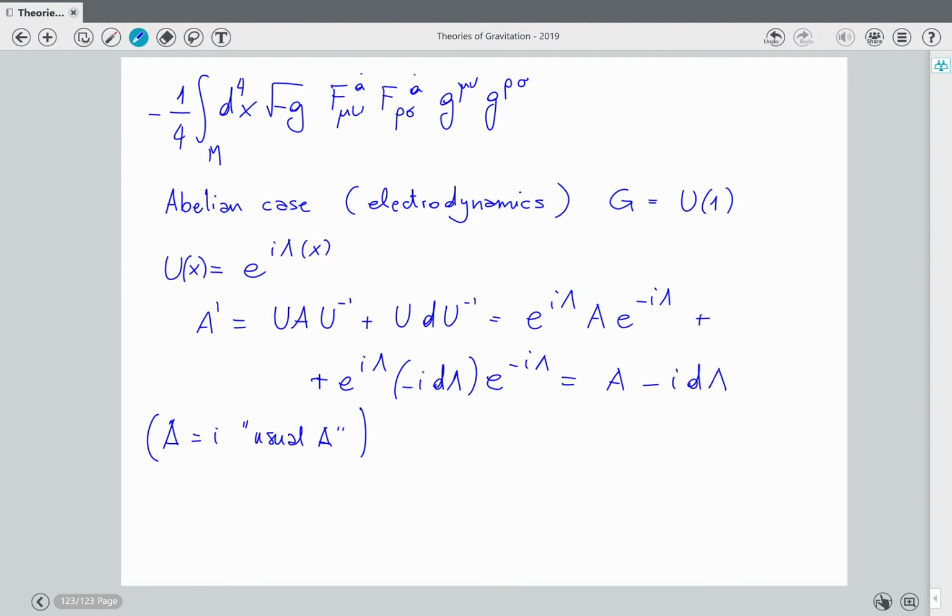But when you make all definitions as usual, you will have a gauge transformation of this form.